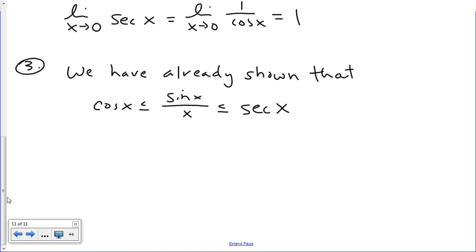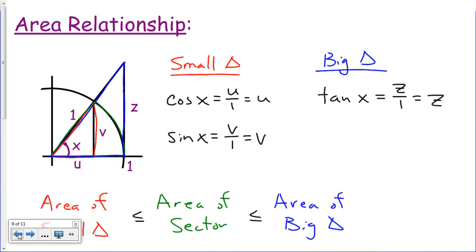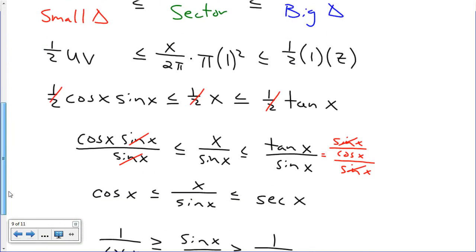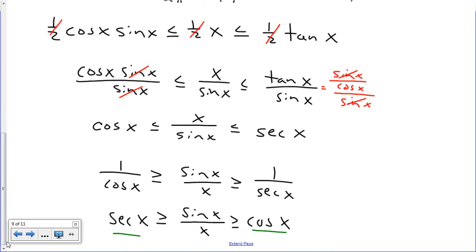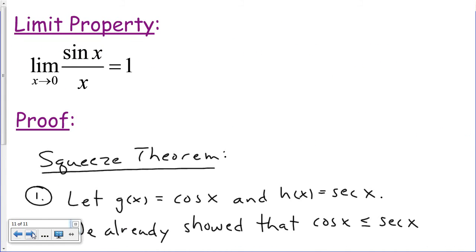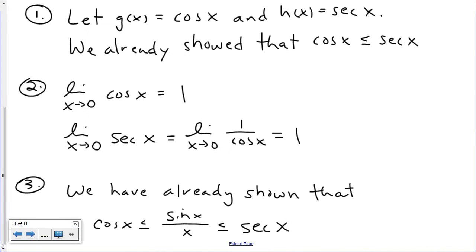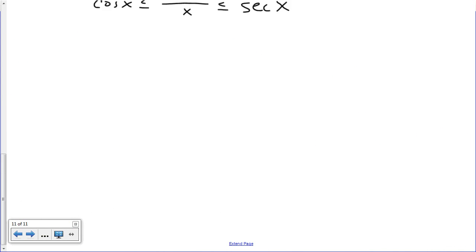Again, that was that area relationship. If I flip back a couple of slides to show you again, we went through this and found that sine of x over x can be squeezed between cosine and secant. So we've already met the third condition based on the work we've done previously.